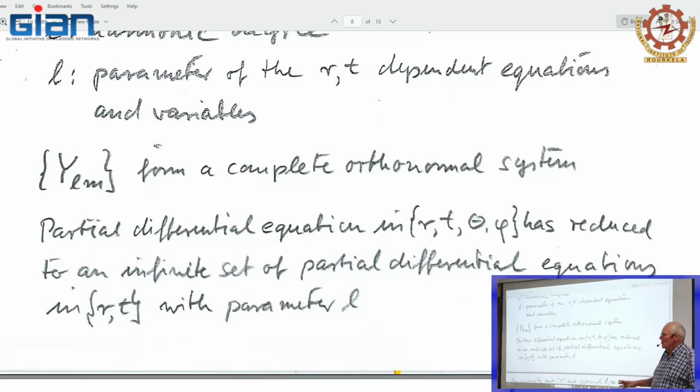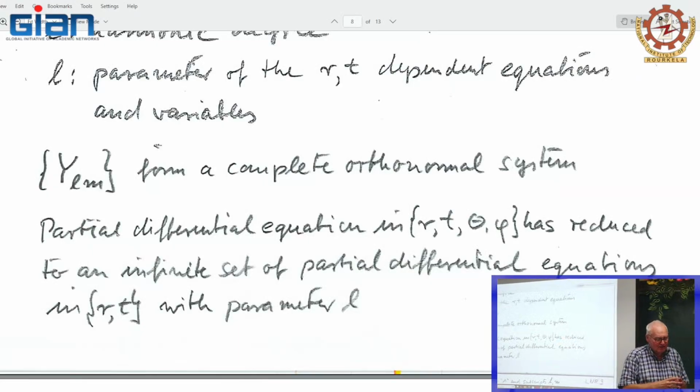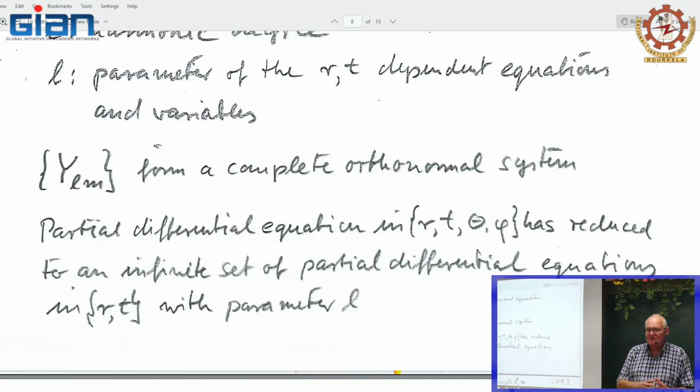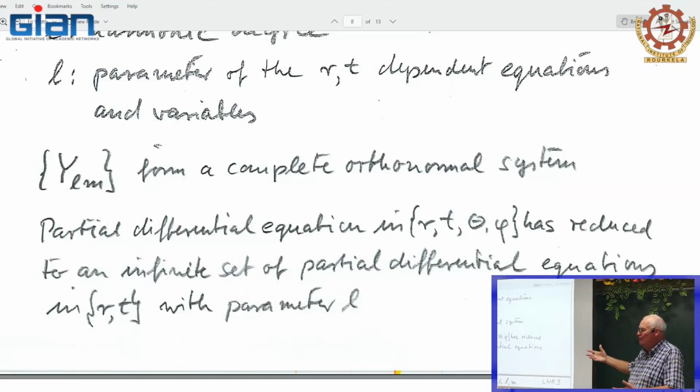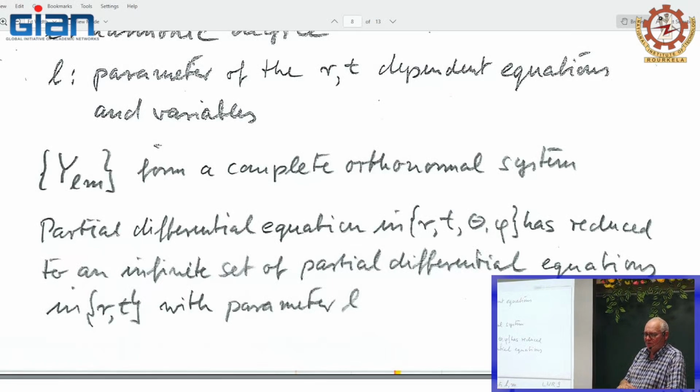The fact that we only have L squared as an operator acting on the angles theta and phi means that we don't have a mixture or confusion between the different Y_lm components.